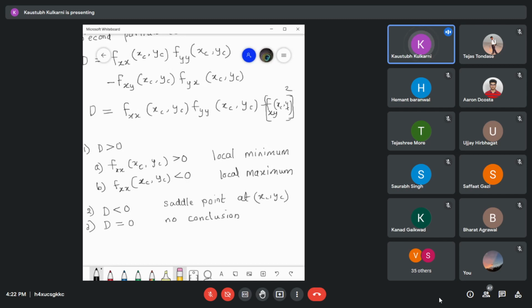Let's take an example. Let's take a look at the saddle point first. I'll share how a saddle point looks.